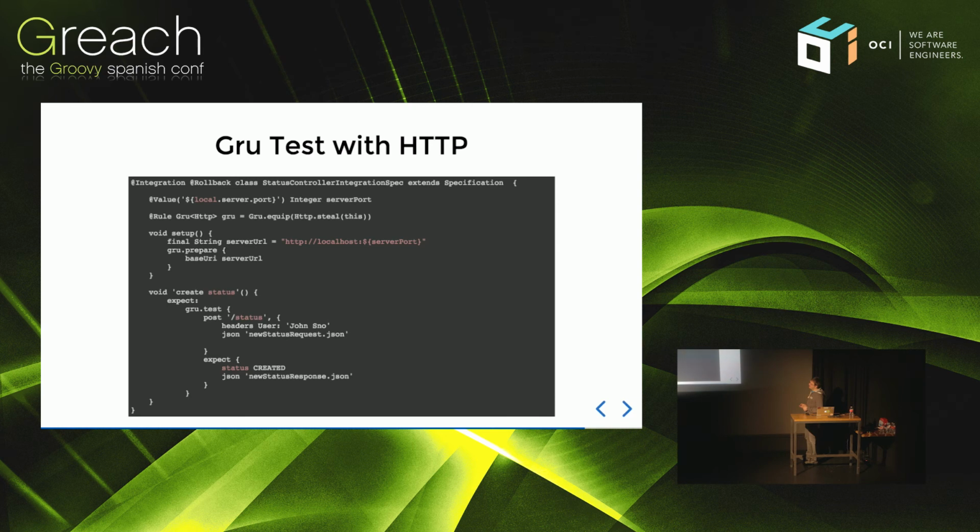This time you equip the HTTP client instead of Grails. And you just declare the server URL as a base URI. And this is actually the same. So you can use the same notation, the same description of your test, same fixture files, but the only thing is you use a different client. There are some goodies, I will show them later on.